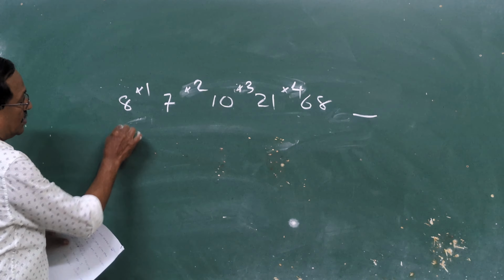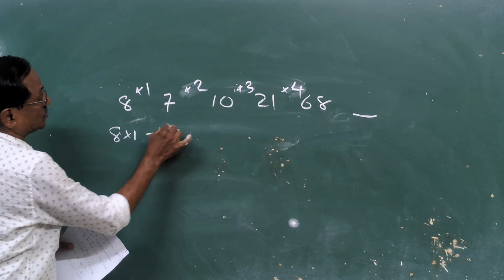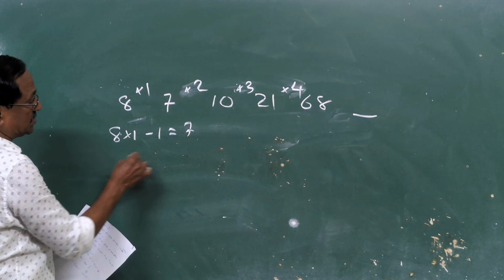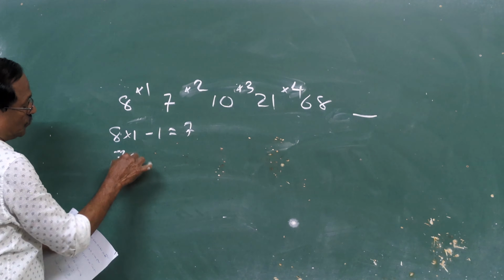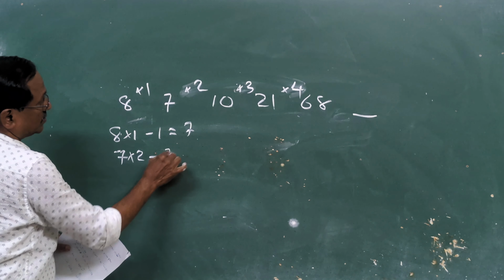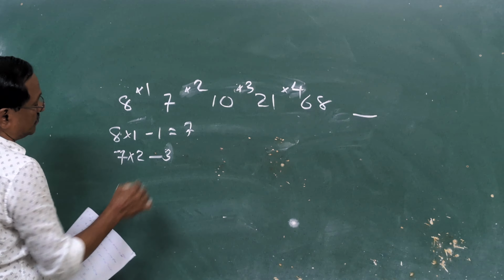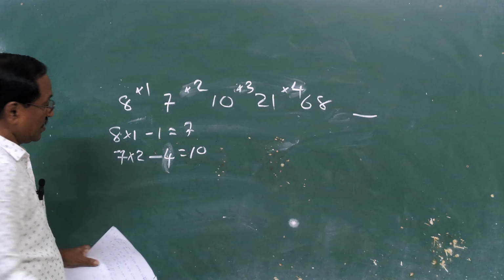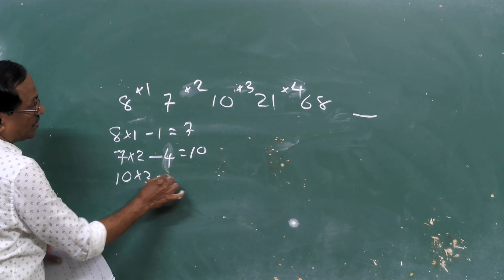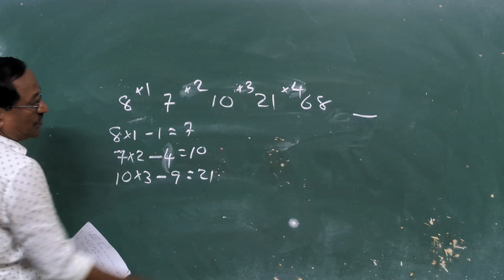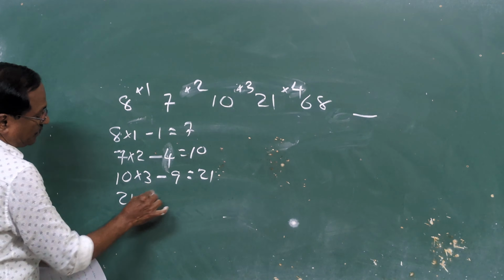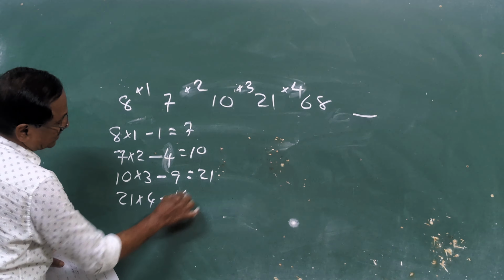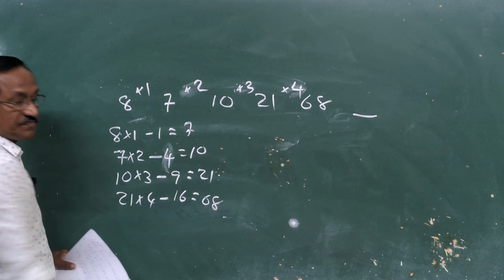Then you can see that 8 into 1 minus 1 is 7. 7 into 2 minus 4 is 10. 10 into 3 minus 9 equal to 21. 21 into 4, 84, minus 16, 68.